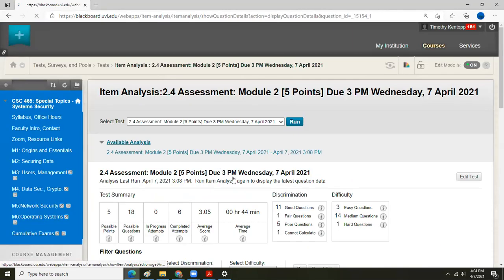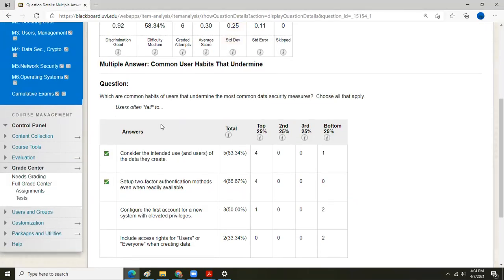Okay, multi-answer question. Which are common habits of users that undermine the most common data security measures? The most common data security measures are what? What are the three most common security measures?